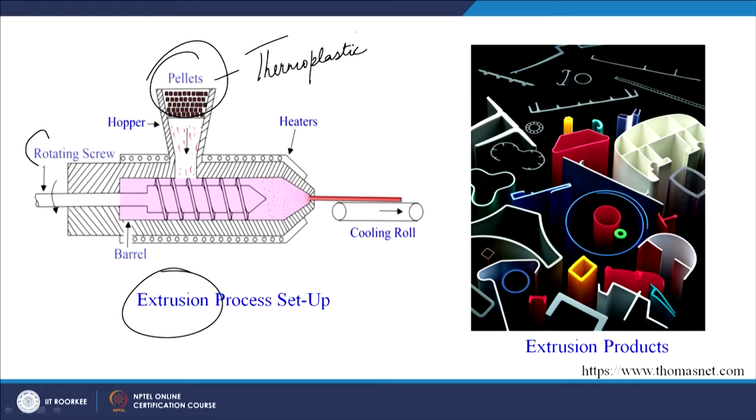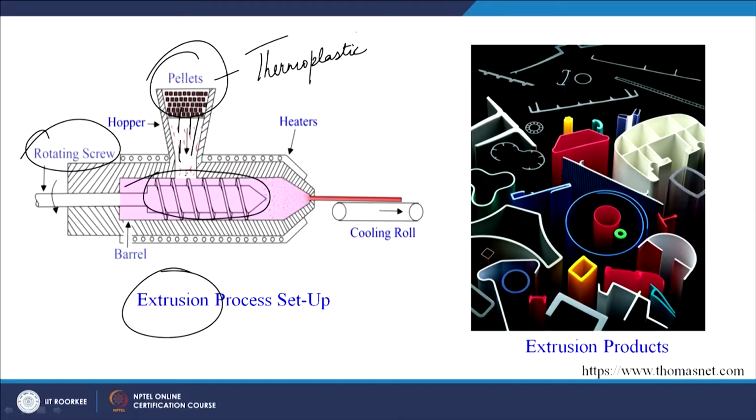Here we have a rotating screw, pellets will come down from here, they will get in touch with the rotating screw, and the rotating screw will shear and heat the polymer pellets that are coming and convert it into a fluid, maybe a molten plastic, which will be pushed with the help of the rotation of the screw through this die opening here, and this is the final product that we are getting.